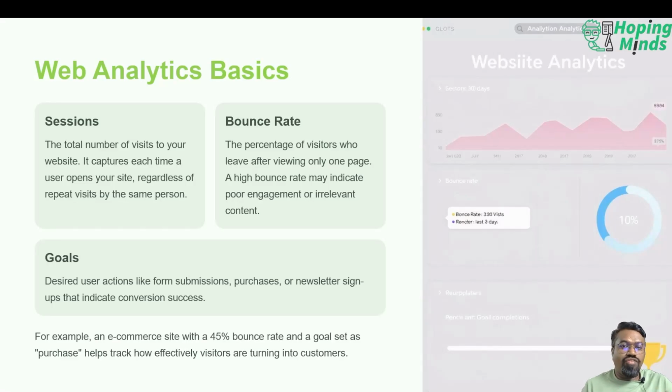So the total number of visits to your website captures each time a user opens your website, regardless of repeat visits by the same person, right? So if I'm a person who is again opening the same website, it will be counted as the number of sessions I'm visiting over the website. I hope it is clear.